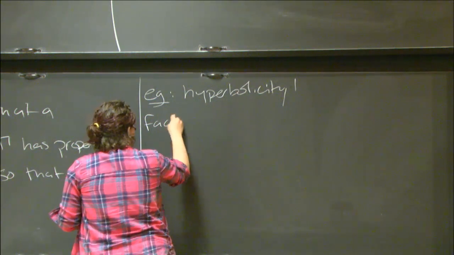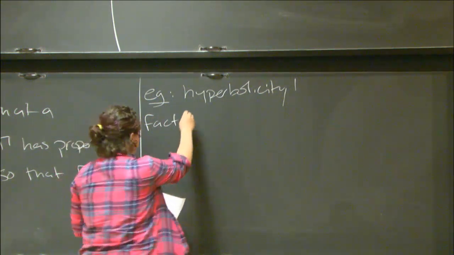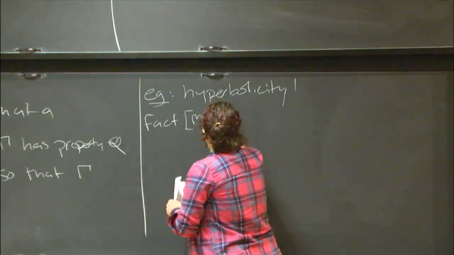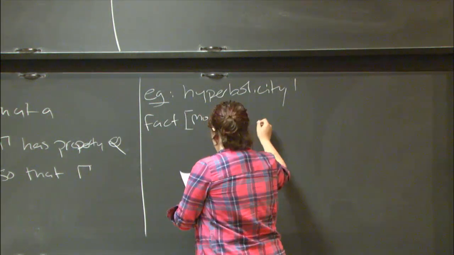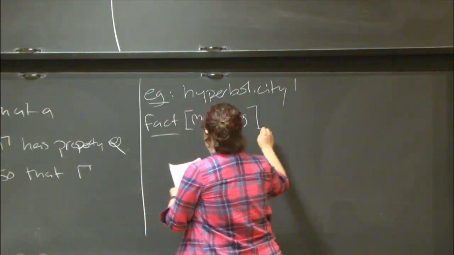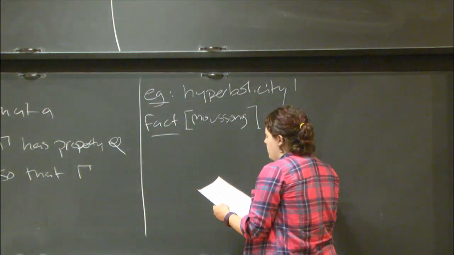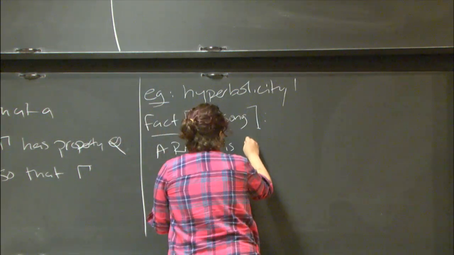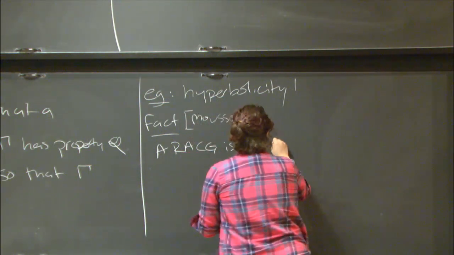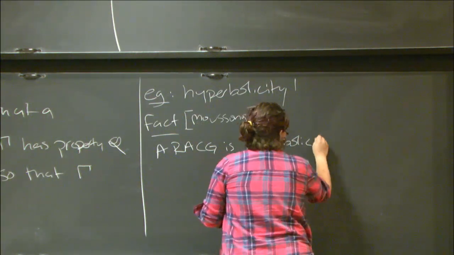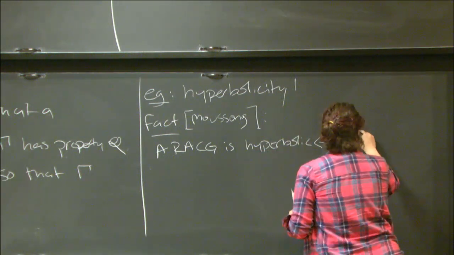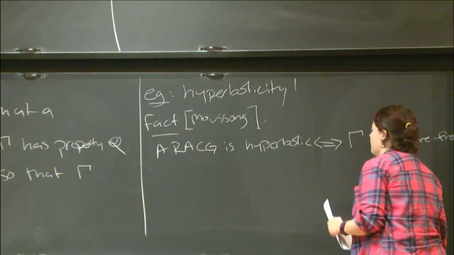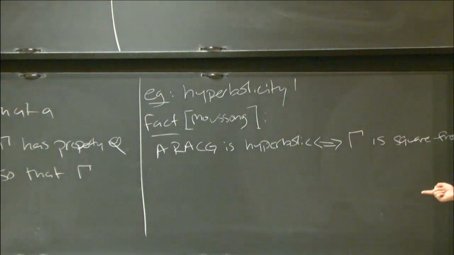A helpful fact, which is basically a special case of the theorem of Moussong, which I'm going to give you in full in a little bit, but for now the right-angled Coxeter group case: a right-angled Coxeter group is hyperbolic if and only if the graph gamma is square free.